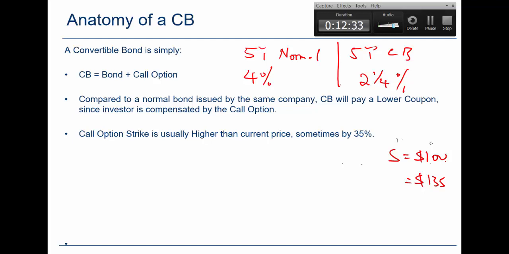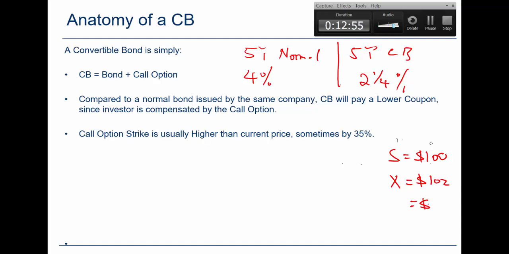For the Chinese market, it is actually quite different. One thing that I have noticed over the last few years is that for the Chinese CB market, quite often the strike is very, very close to the spot price. So let's just say 102, okay?